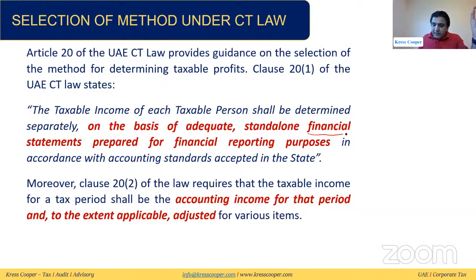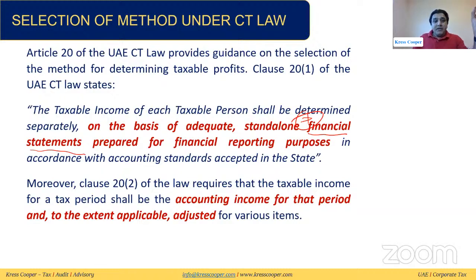The law is not asking for audited financial statements. The law is not asking for certified financial statements. The law is asking for financial statements. So taxable income will be determined on the basis of standalone financial statements, and businesses will be liable to prepare them.